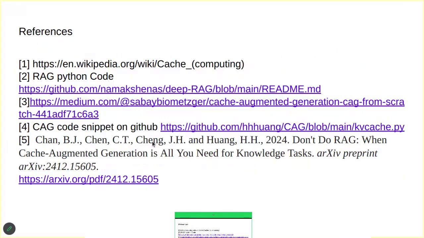We had different references, but the one you should look out for is by Chan, Brian J, Chen, King, Wang, which says, Don't Do RAG: When Cache Augmented Generation Is All You Need for Knowledge Tasks. Yeah, that's the paper.